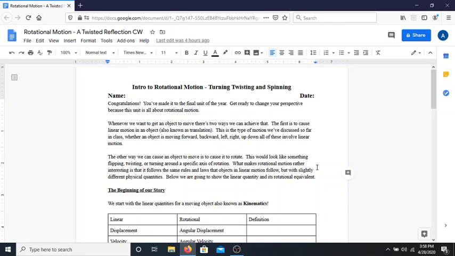All right? Now, rotation can look very different compared to the normal, everyday linear motion, but we're going to find out that things that are rotating actually still follow the same rules that linear motion does. They simply have to adjust it slightly in order to adapt to the fact that we're spinning that object, not just having it move forward or backward.